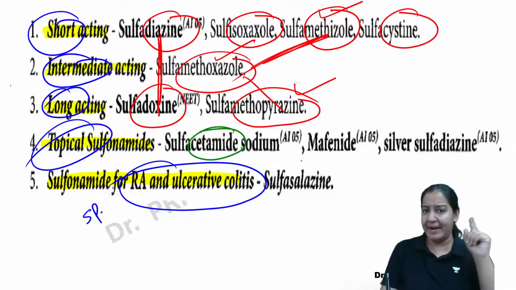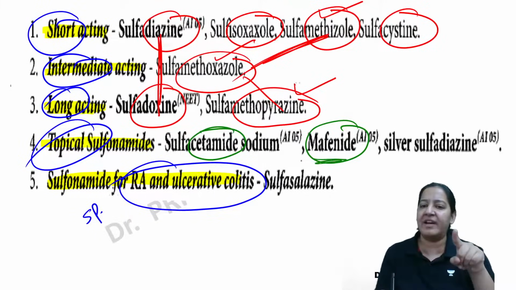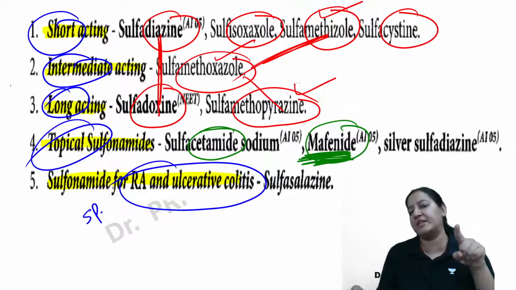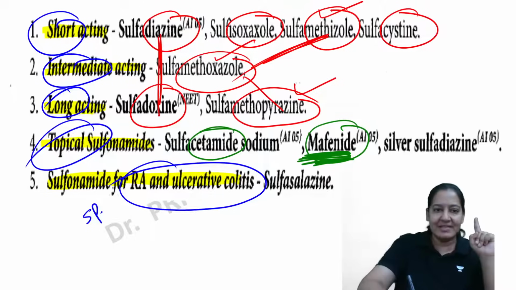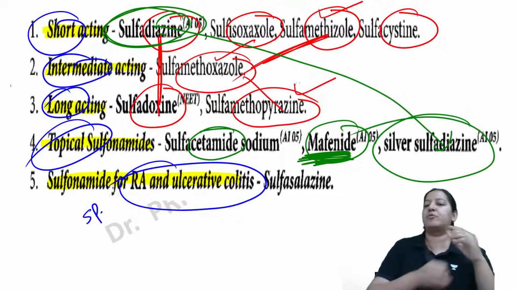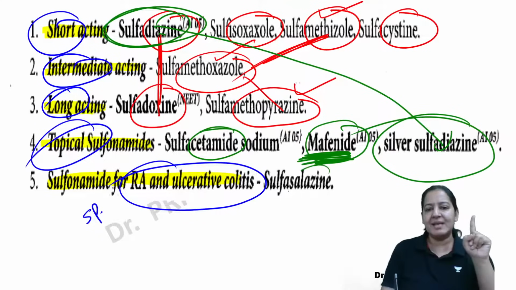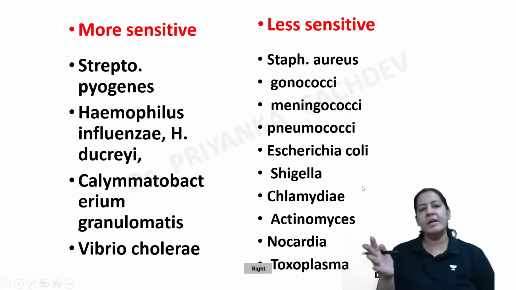Acetamide, right? There is no other acetamide. Mafenide is not even starting with sulfa. इसके prefix में sulfa नहीं है. The only one which does not have sulfa in the prefix. Rest all have sulfa in the prefix, right? Mafenide. And sulfadiazine is short acting, but if you add silver, it will become topical, right? And special means salazine, right? So say it again and again, you will learn, right?